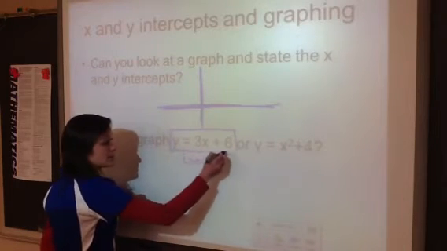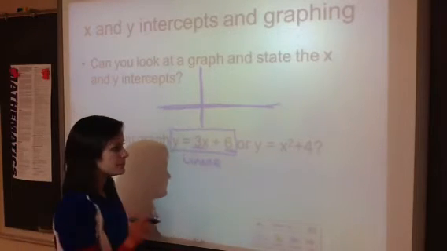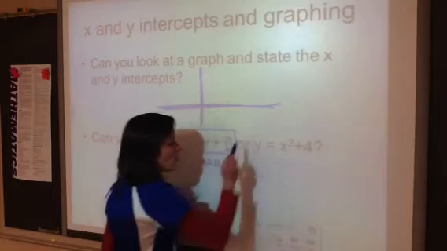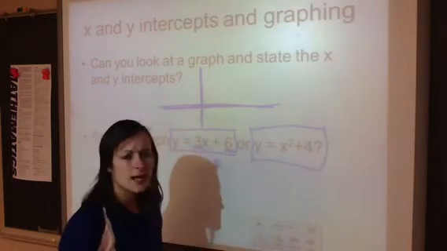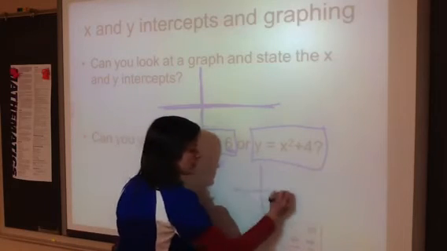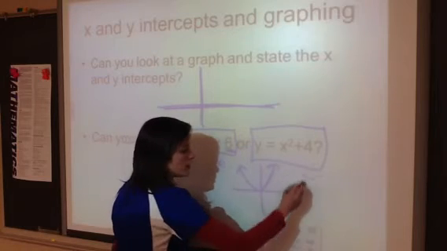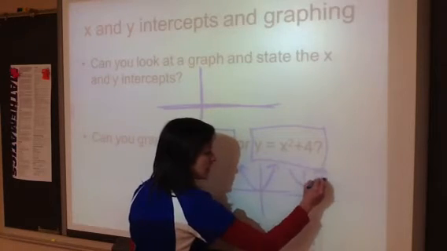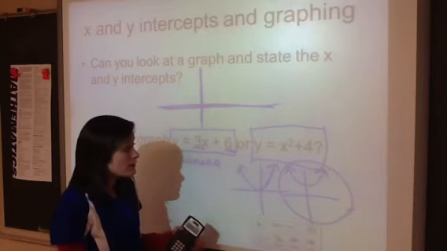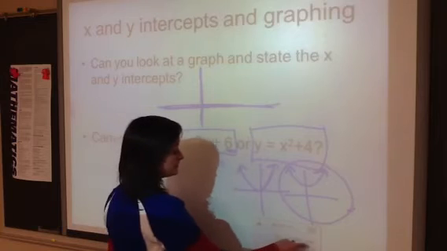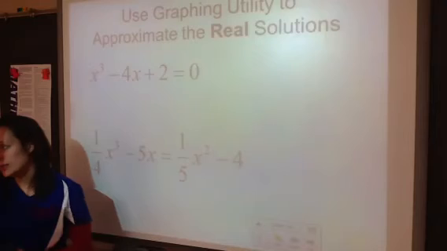Our y-intercept is 6, and our slope is 3. Can you graph y equals x squared plus 4? That one might be a little bit harder, but since it has squared, you should realize it's a parabola, a U shape. The plus 4 moves your graph up 4 units, and you still have that same U shape. If you struggle with graphing, please come see me. I can help you.